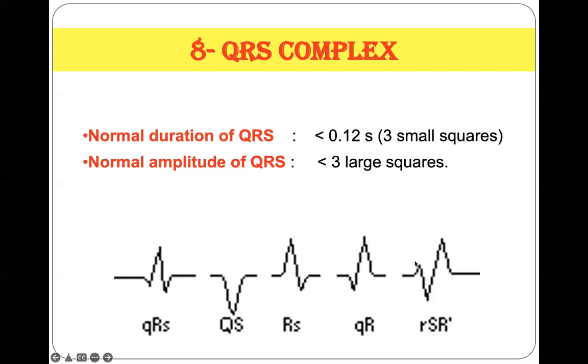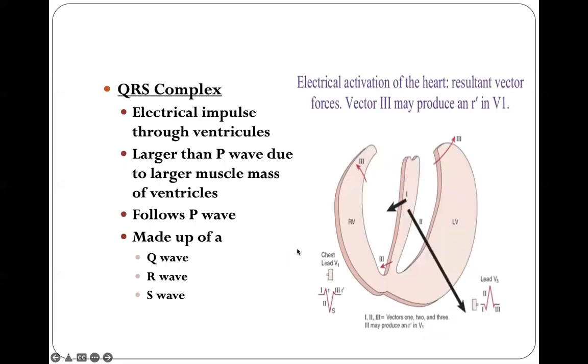Here, the first positive wave is an R, then the next negative one is S. And here there is another R, and this is called RSR prime. Here there are 2 R waves, and this pattern is pathognomonic for right bundle branch block, as we will discuss later.